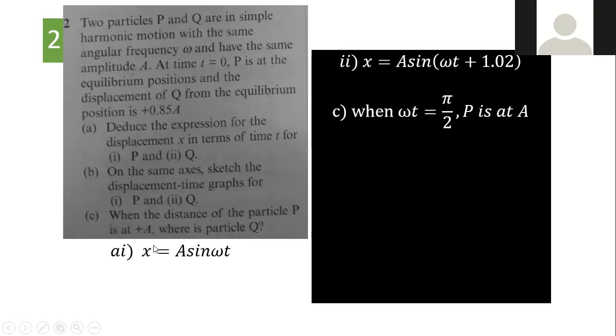This one must be for P. This one must be A. So A and A cancel. This becomes 1. Right? 1 is sine 90 or pi over 2. So P is at A. We got omega T is pi over 2.